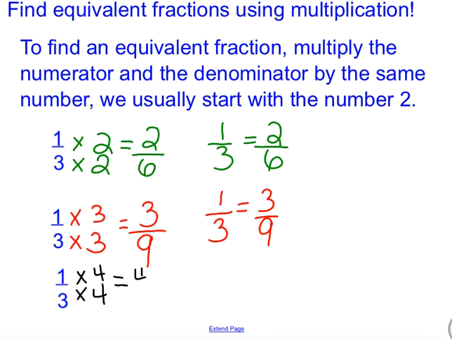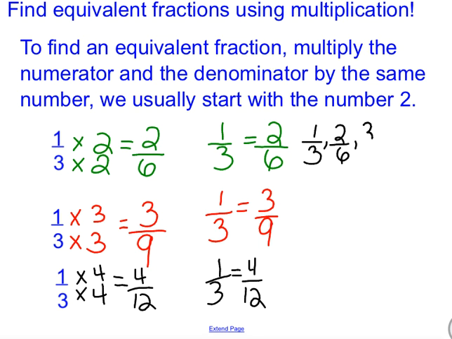And I get 4/12. So 1/3 is equal to 4/12. And I'm just going to make a list of all the equivalent fractions. So I have 1/3, 2/6, 3/9, and 4/12. And we'll talk about patterns of equivalent fractions in a few minutes.